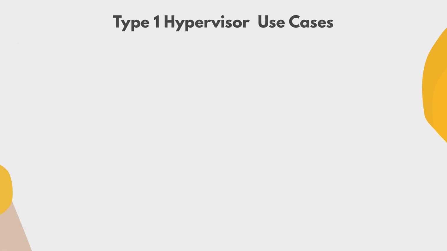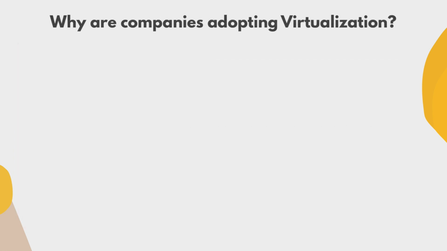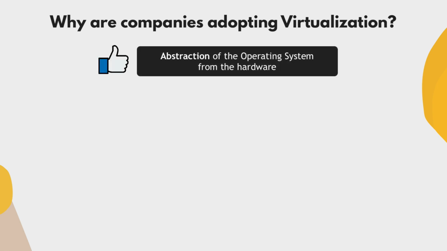Now there is one more very important benefit and basically transformation that happened in the IT industry because of virtualization. And that is abstracting away the operating system that is running on the hardware from the hardware itself. And that abstraction actually is a really big deal. And let's see why.